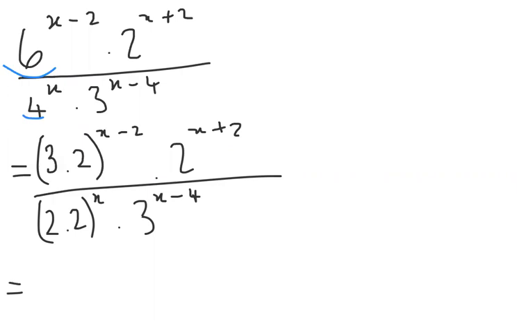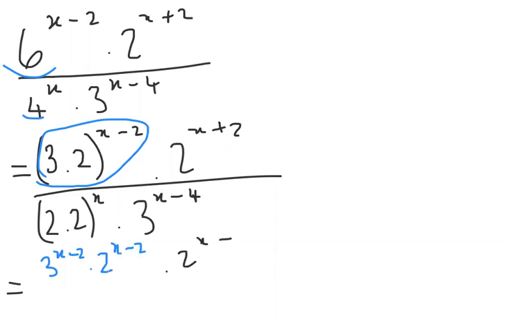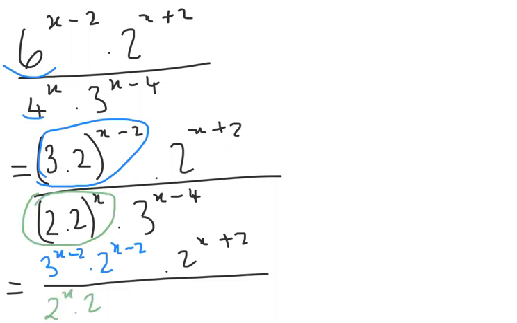And another rule is, if you have this over here, then that becomes 3 to the power x minus 2 times 2 to the power x minus 2. Let's leave this for now. This part over here becomes 2 to the power x times 2 to the power x. All right, and then we leave the 3 for now.